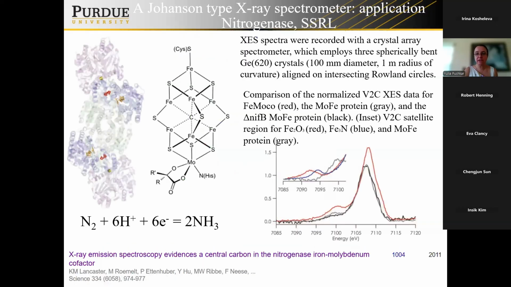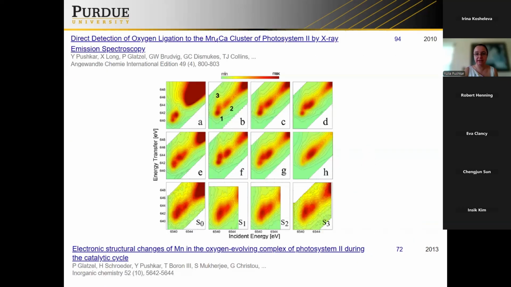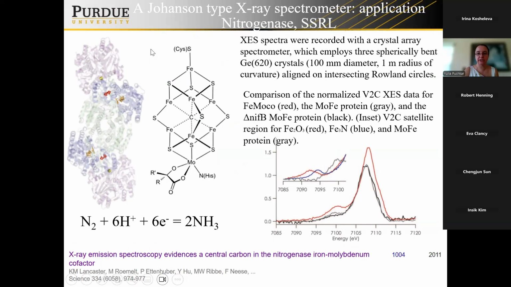And here there is another example of that. So basically I stop here with direct detection of oxygen ligation in this cluster, and exactly the same experiment was done for another protein. So it's again SSRL and this kind of dish, Johansson type spectrometer, similar to that dish. And here Serena DeBeer and her group analyzed nitrogenase. And nitrogenase is also a very fascinating system because it can take nitrogen, which is a very inert molecule, and make it into ammonia.